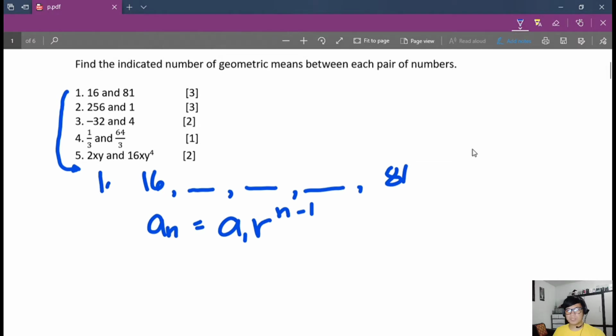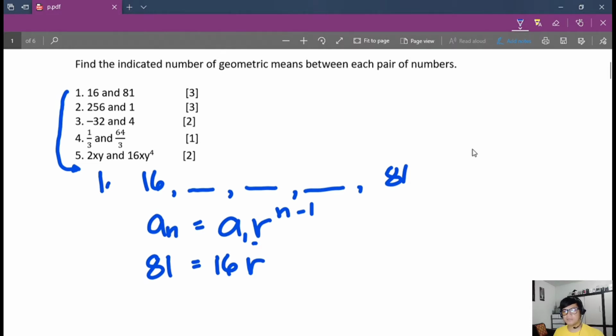So we will substitute a sub n, and identify r. So a sub n is 81, is equal to a sub 1 is 16, our first term. R is what we're looking for, right? So n refers to the number of terms. So that is 1, 2, 3, 4, 5.